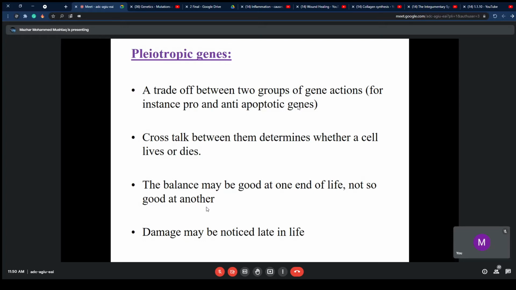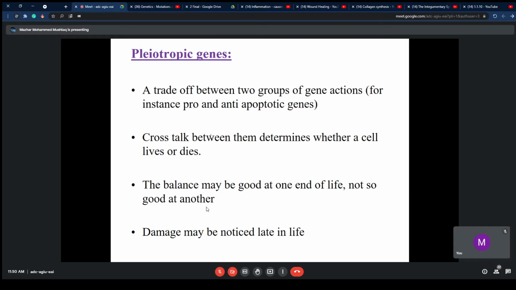So there is a crosstalk between them, and whether the cell will live or die, as we have discussed in the apoptotic gene theory. If that crosstalk is somehow damaged, that would result in aging.